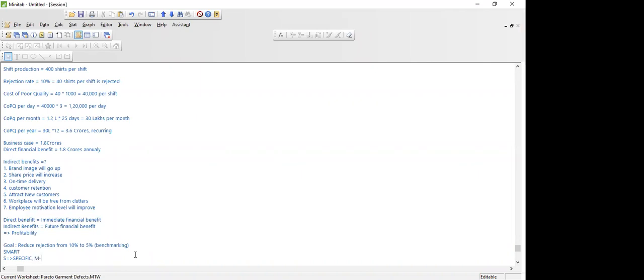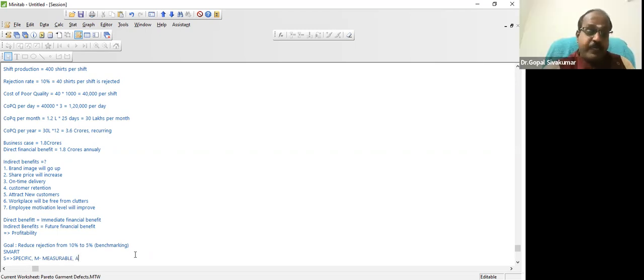Yes. And then goal should be measurable. And then goal should be achievable. And then goal should be relevant. And goal should be time bounded. Since they mentioned time bounded, I will write it like this.